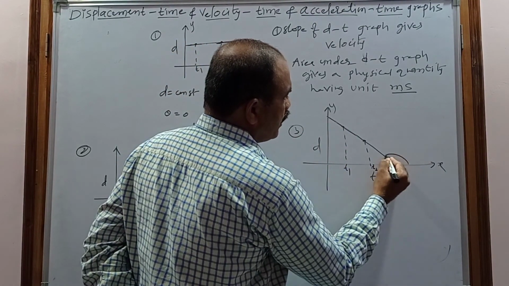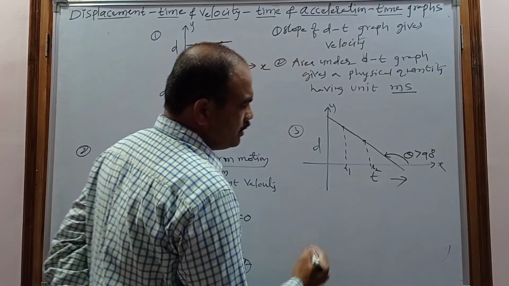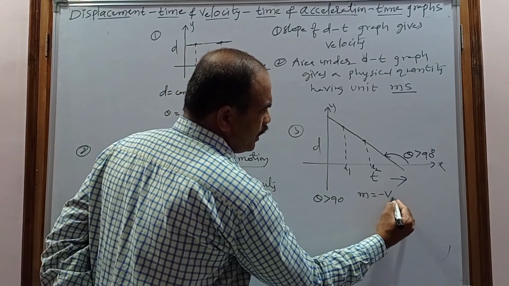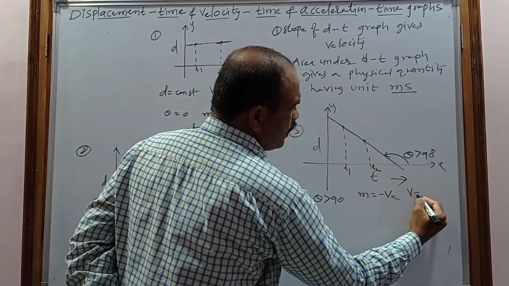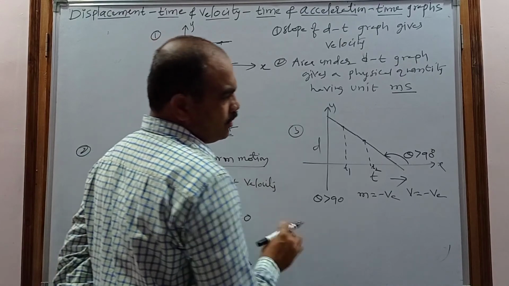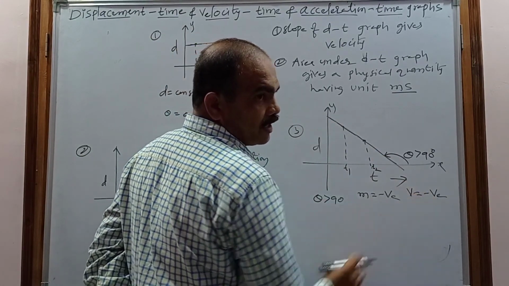How much angle is it making? Theta, which will be greater than 90 degrees here. If theta is greater than 90, the slope is negative. The displacement versus time graph slope gives the velocity, so the velocity will be negative. When the time is increasing, the displacement decreases, and it starts with a negative velocity.